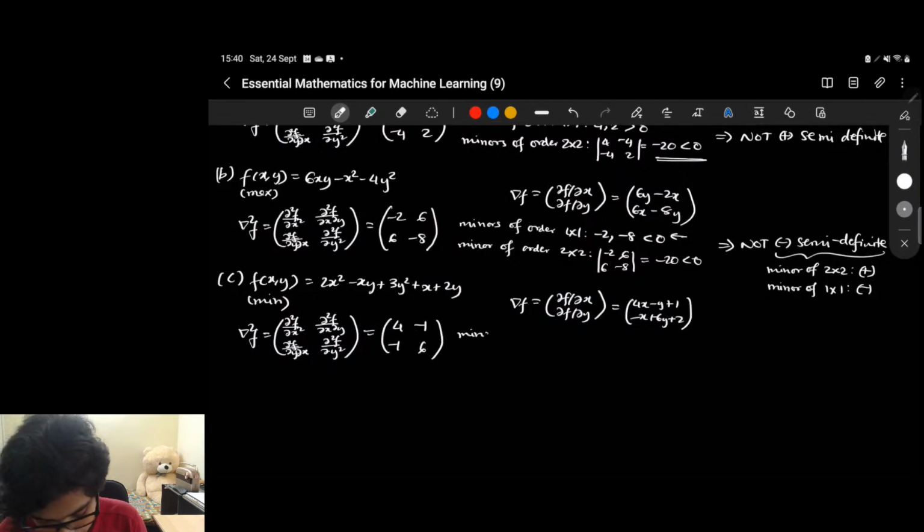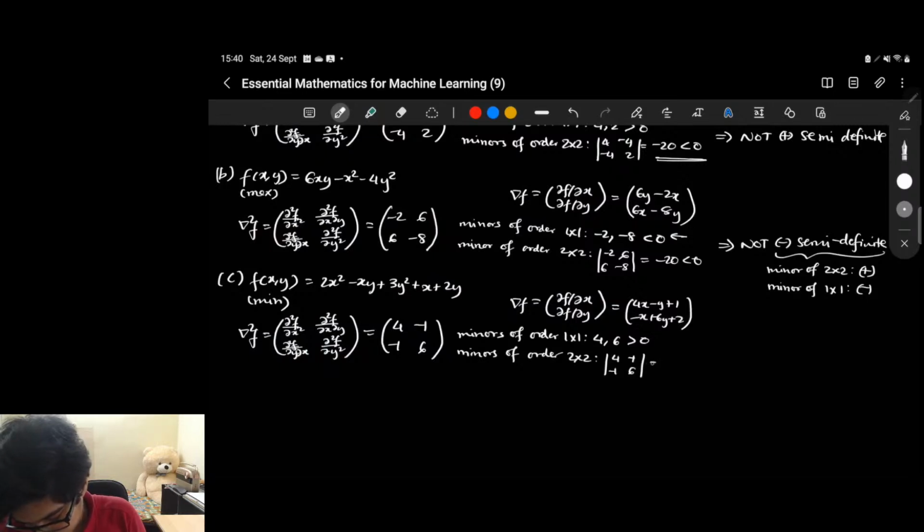So minor of order 1 cross 1, this is 4 and 6, so this is greater than 0. Minor of order 2 cross 2, this is the determinant, and this determinant is 25, which is positive. So this implies that we have a positive semi-definite matrix.